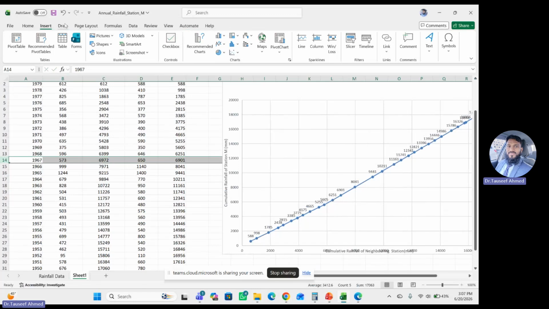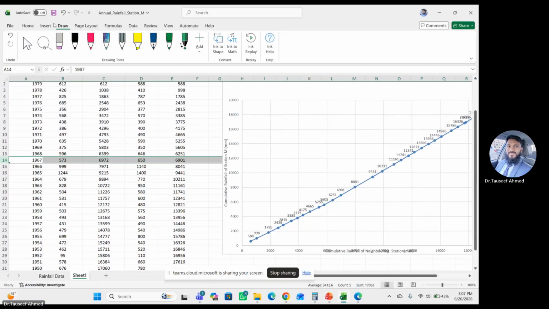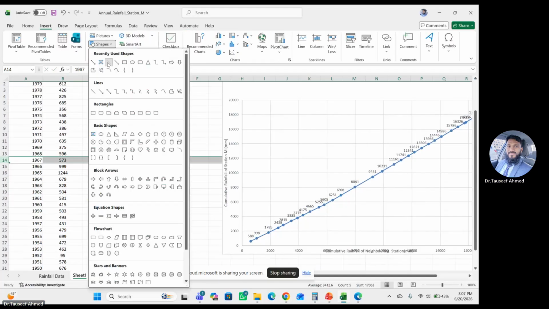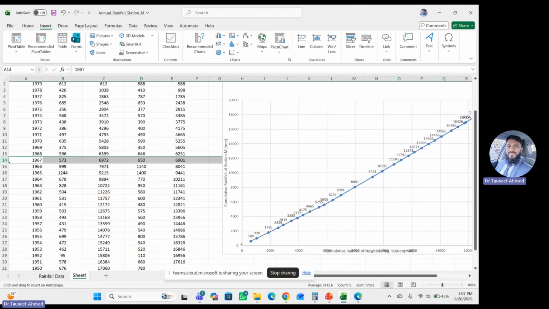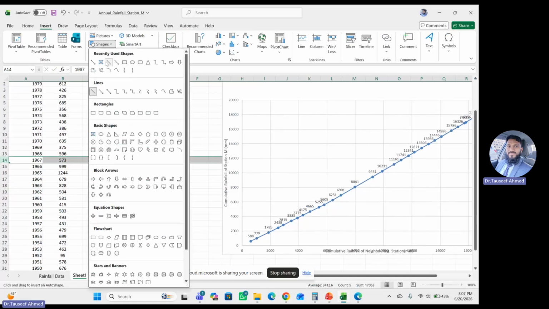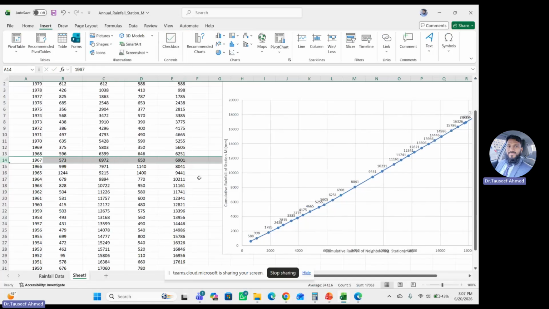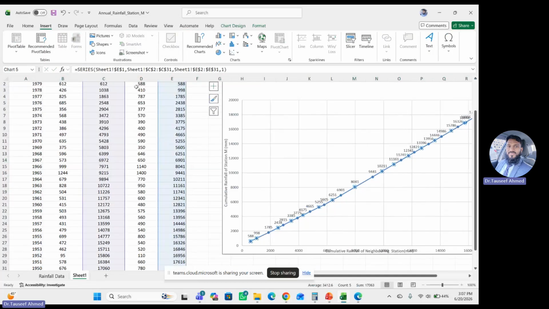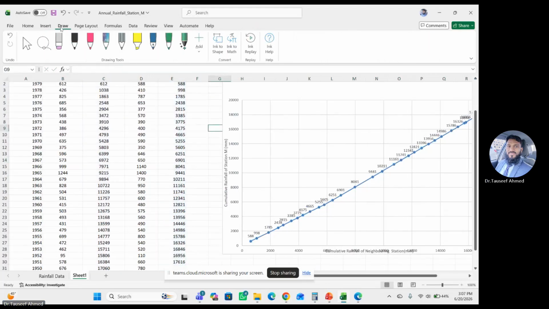Up to here, you will find the graph was going straight. I will draw it with some other color, one minute.